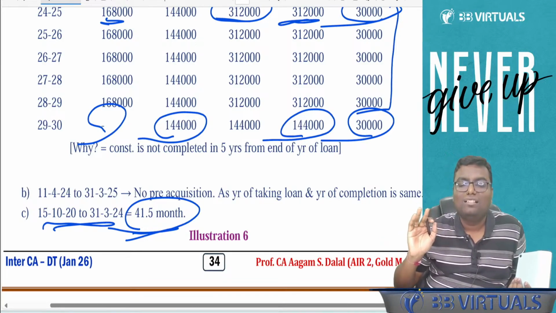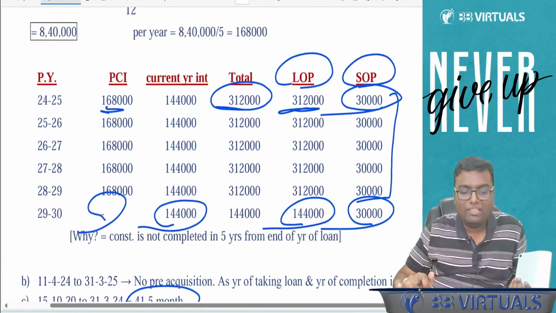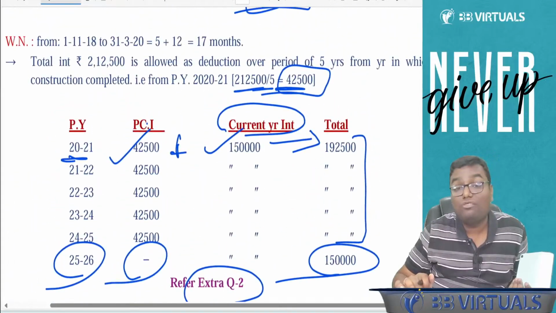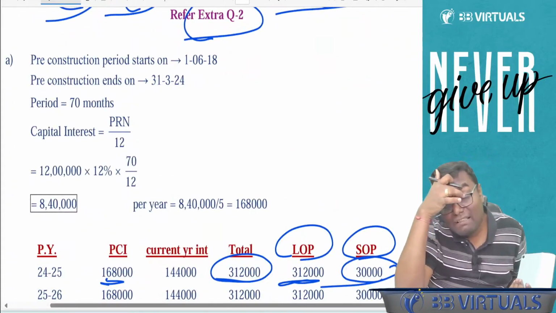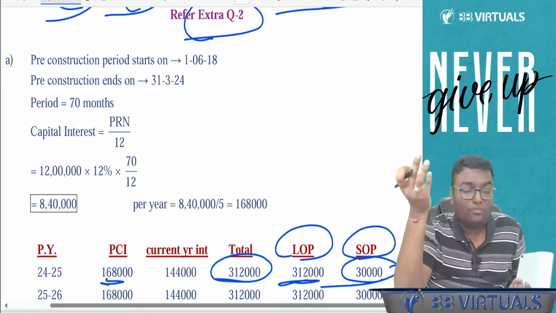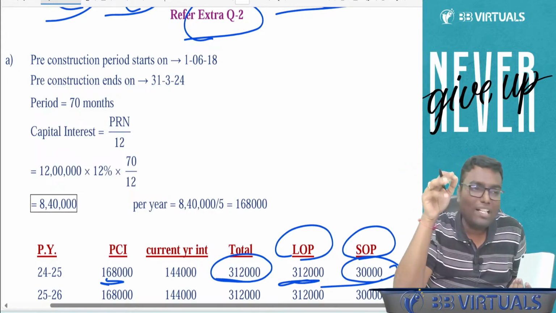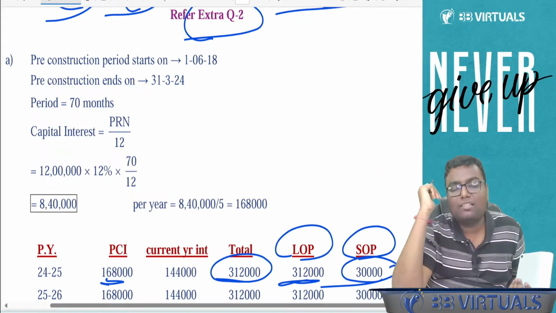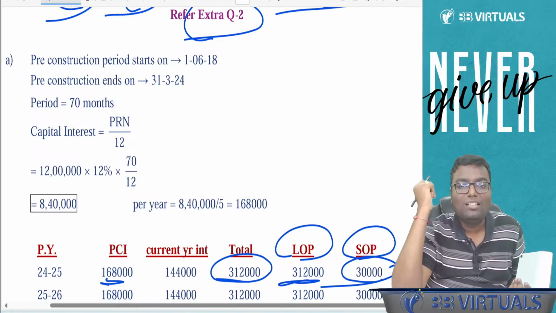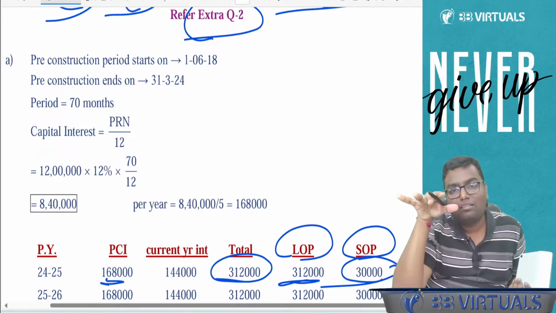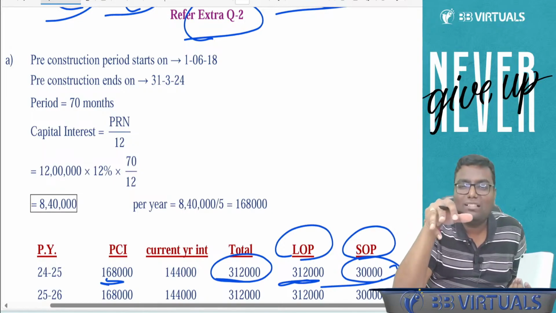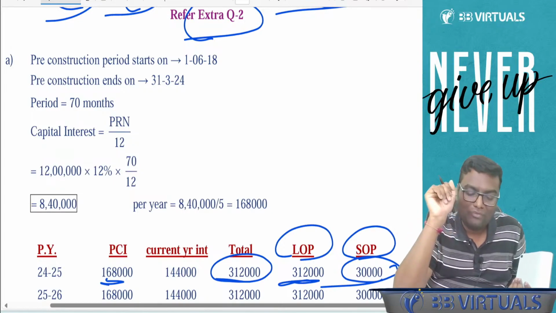That's it. Then sir, why did you waste this much time? I have not wasted. This entire recipe is given in the ICAI module. So what if they ask you, by giving the dates, to find out the pre-construction interest? Then what will you do? So we have understood the worst, so that we can manage even the worst case.